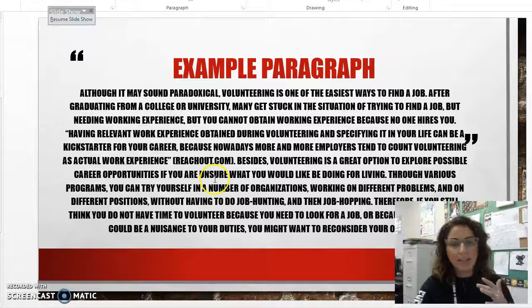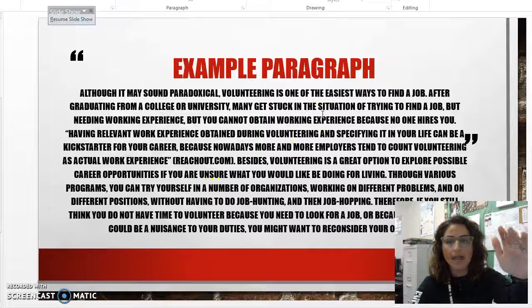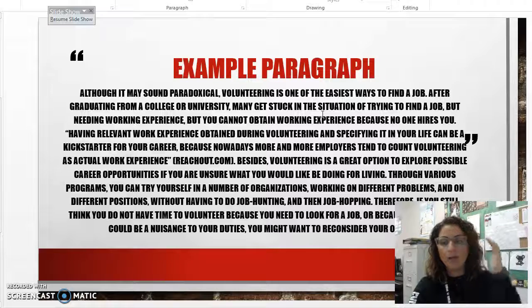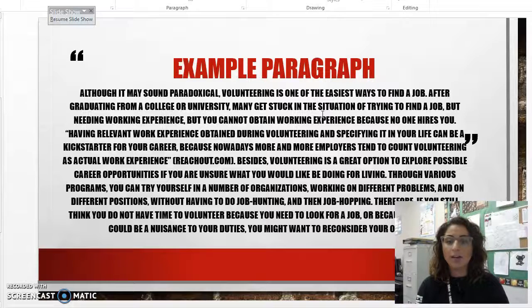Students, you can break down and understand that, with volunteering, they gave examples of how most programs and most jobs will say volunteering is work experience, so you can add that in there. Then they give an actual quote where reachout.com says having relevant work experience obtained during volunteering is now looked at by careers and employers as work experience.